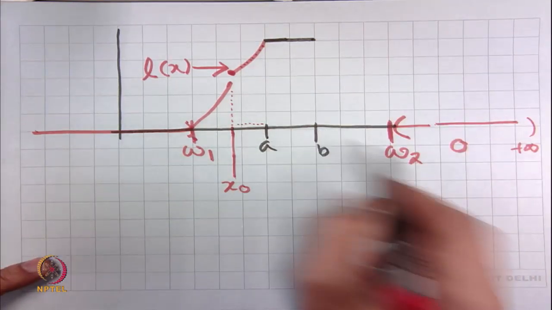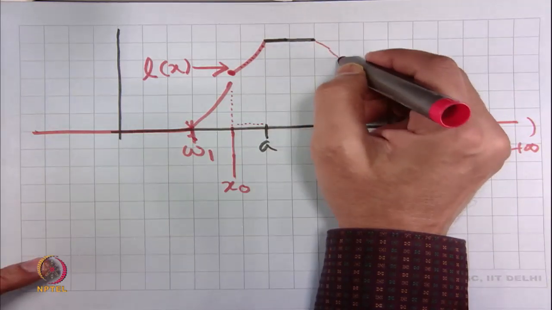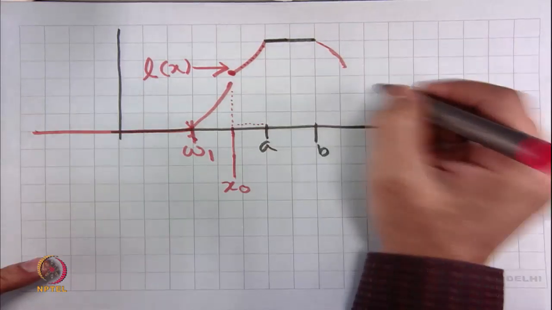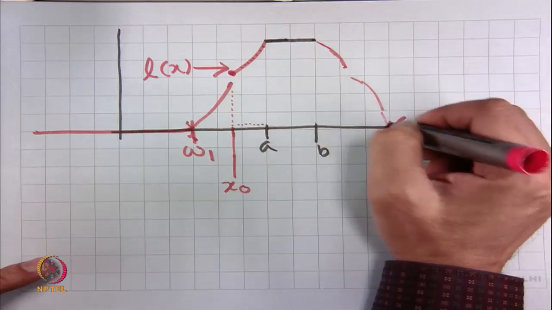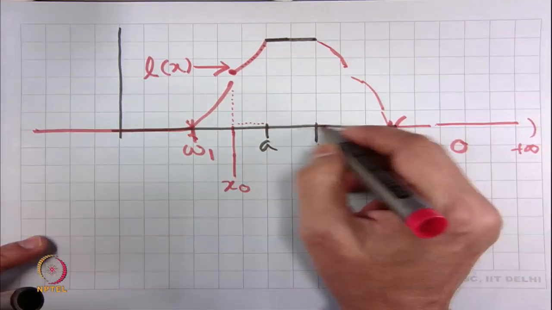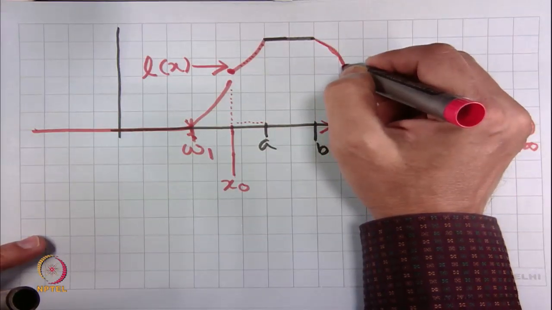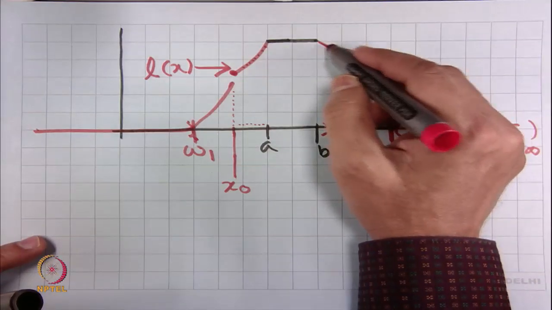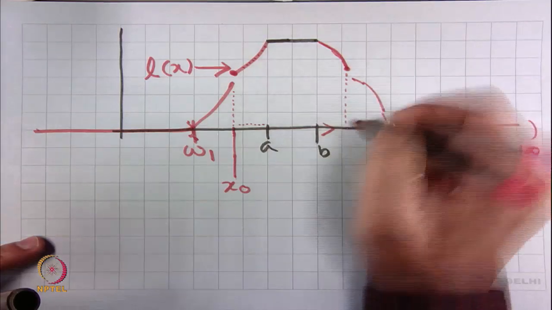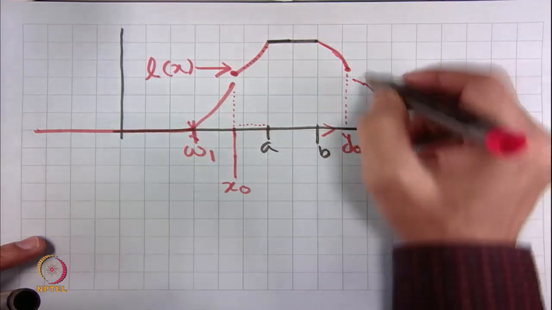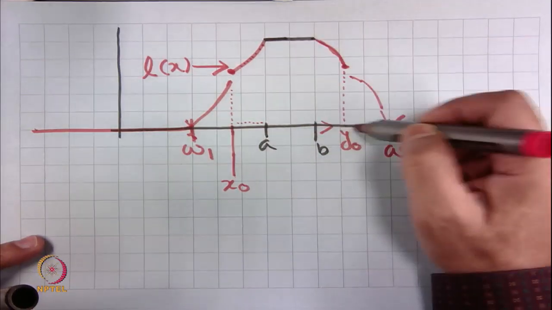Between B to W2, it is monotonically non increasing function, but it is going to be left continuous. It need not be continuous, but if there is a point of discontinuity, suppose y naught is a point of discontinuity, then it is left continuous at y naught.